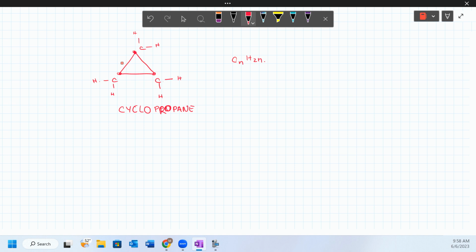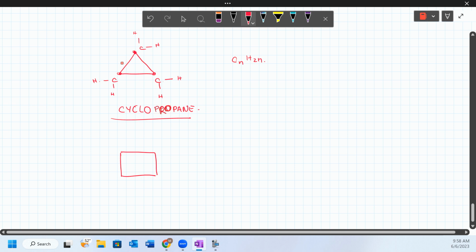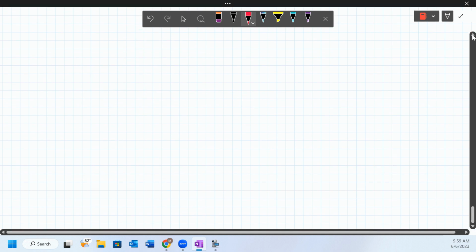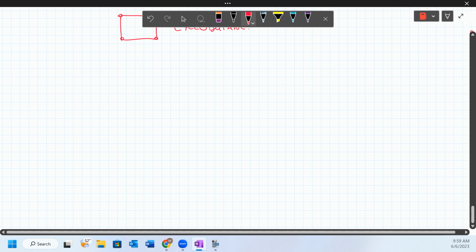Propane, because we have single bonds here. When we have 4 carbons in a cycle, then it will be cyclo, bute for 4, and single bond, butane.